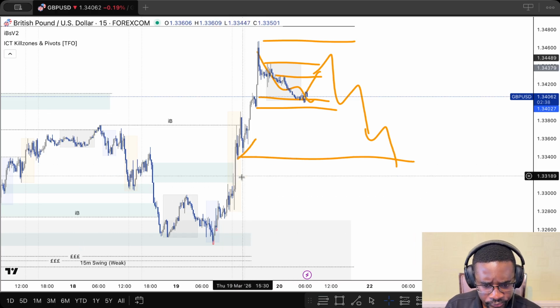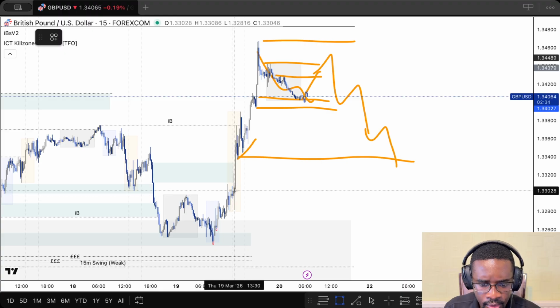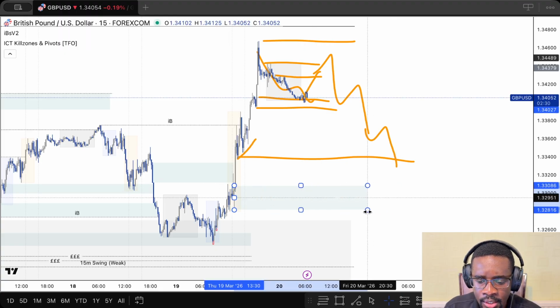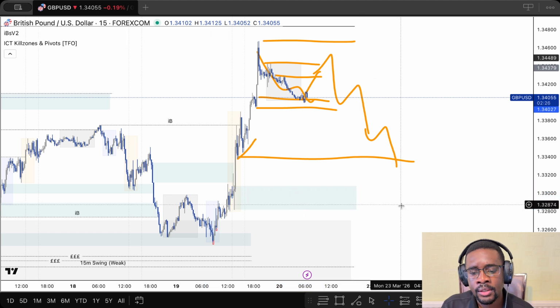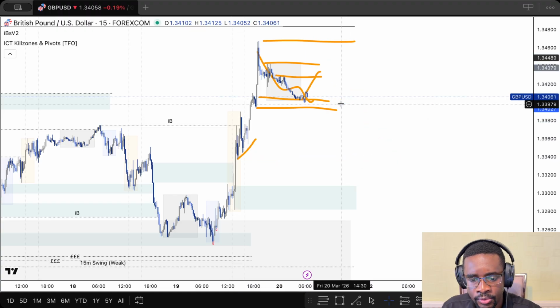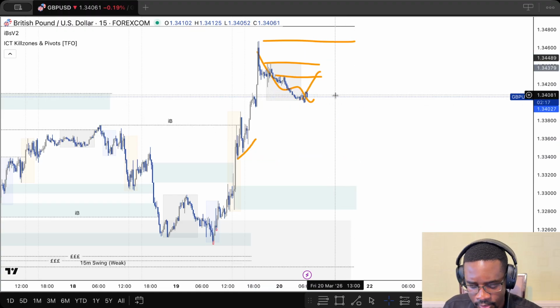So the only clean area really would be at this imbalance, like this plus candle before the imbalance, and that will be the only clean area that I can see. Apart from that, everything else is not clear.